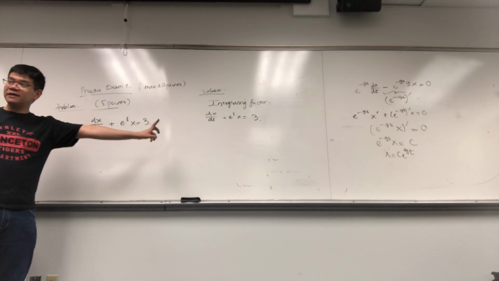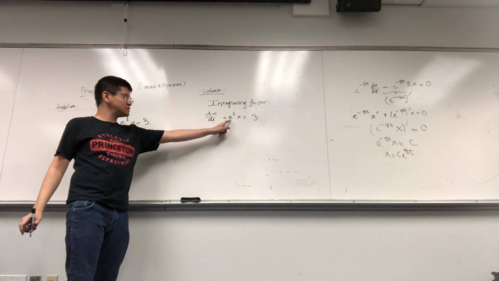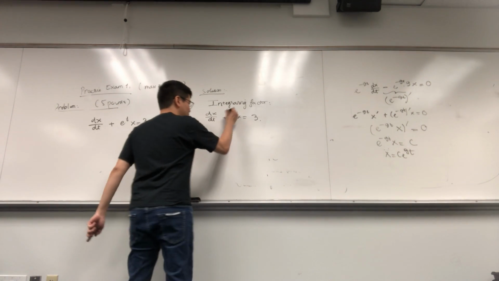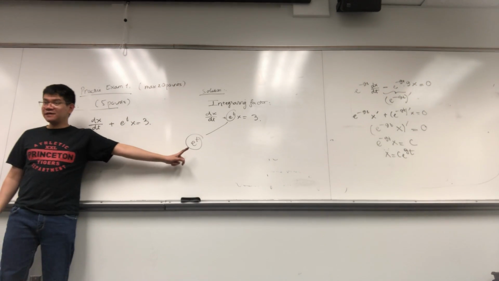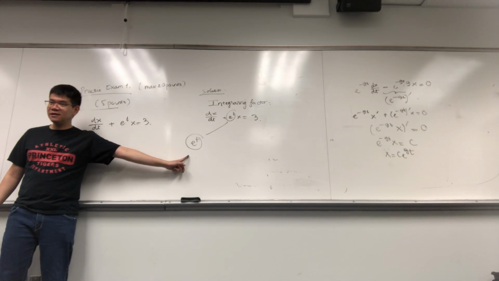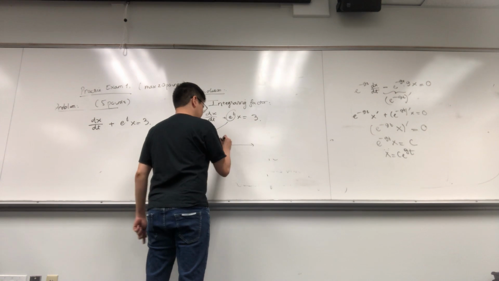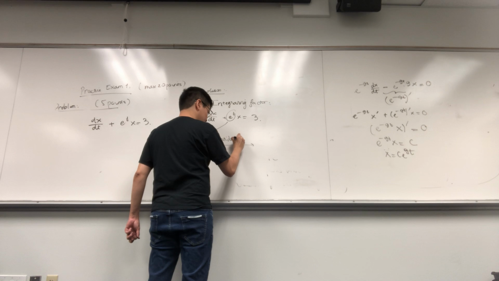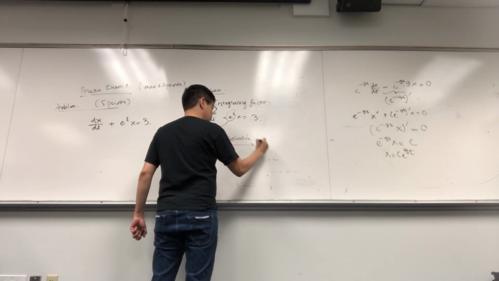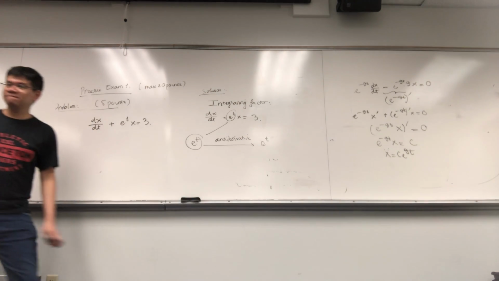In order to find the integrating factor, you have to look at this coefficient, right? So this is e to the t. Now I take the antiderivative of this, which is still e to the t.